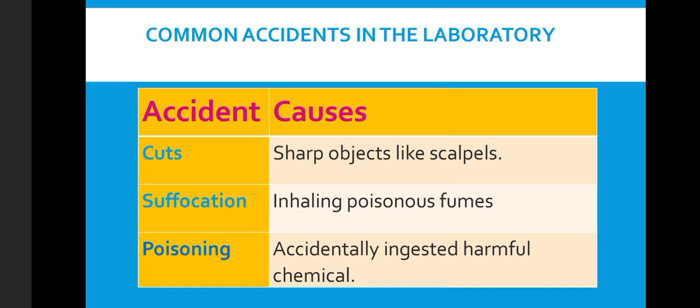Cuts can be caused by sharp objects such as scalpels or razor blades. Another accident is suffocation, and suffocation is normally caused by inhaling poisonous fumes. Another accident is poisoning, and poisoning is normally caused by accidentally ingesting or swallowing materials or chemicals that are harmful in nature.